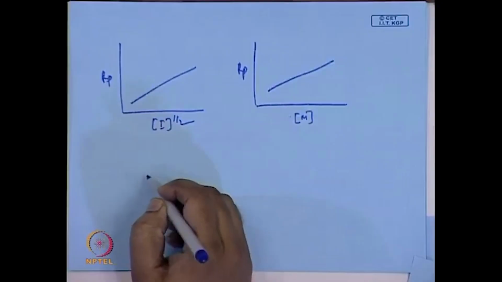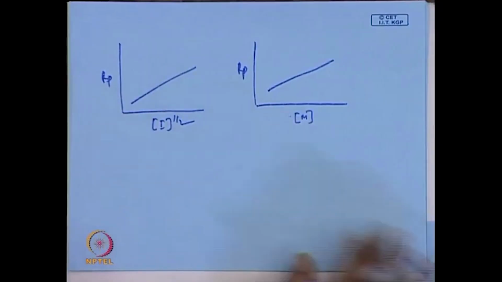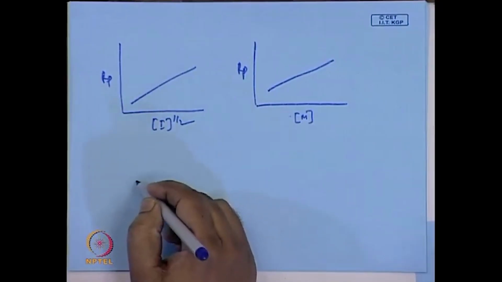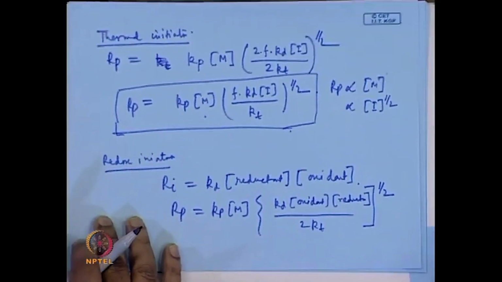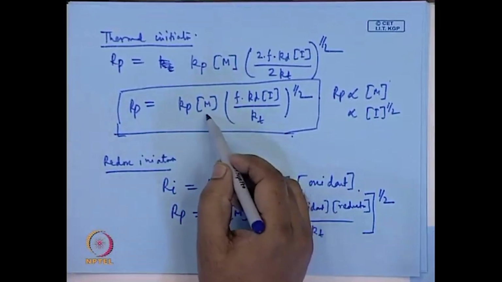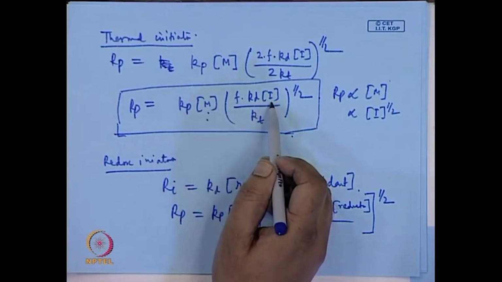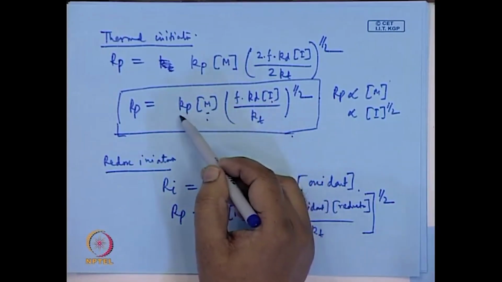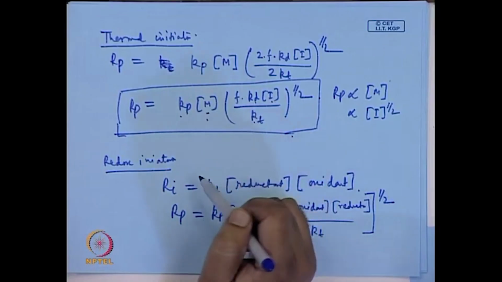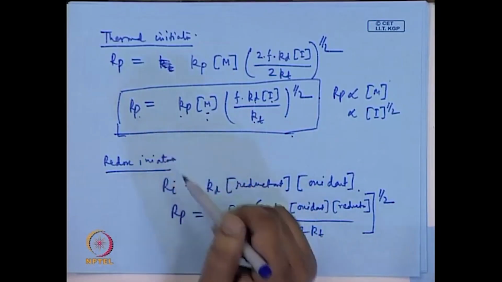So, again, if you go back to this expression, besides this concentration term, the concentration of monomer and concentration of initiator, these will also determine your rate of polymerization.